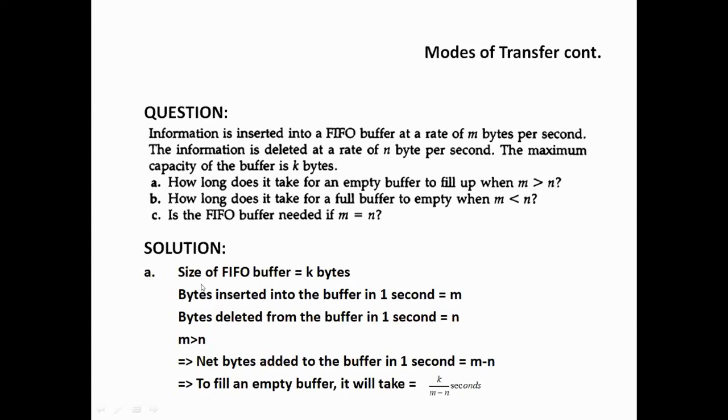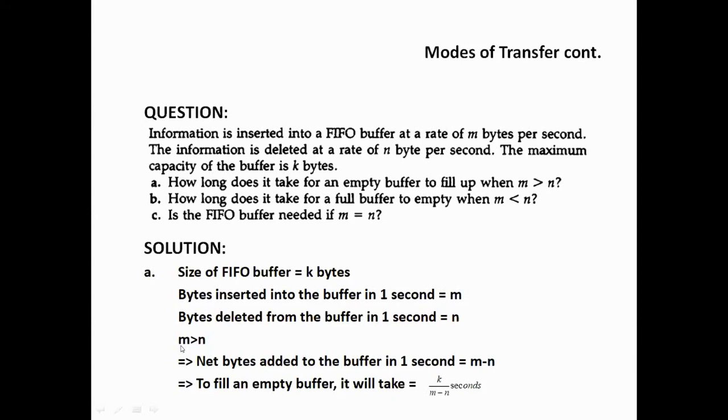So a part, size of FIFO buffer is k bytes. Bytes inserted into the buffer in 1 second is given as m. Bytes deleted from the buffer in 1 second is given as n. This a part says that m is greater than n.